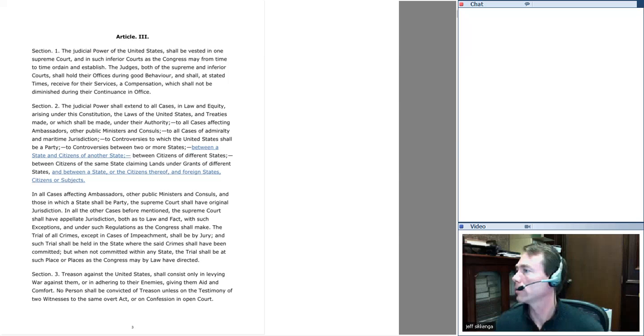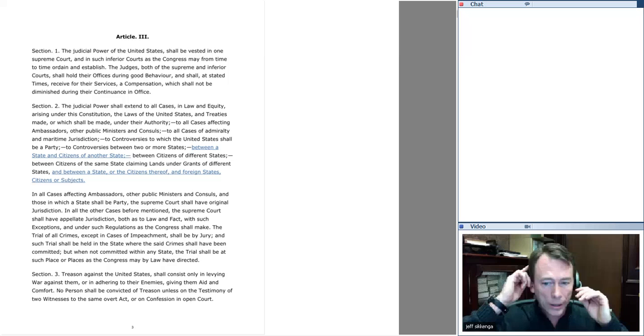No person shall be convicted of treason unless on the testimony of 2 witnesses to the same overt act, or on the confession in open court. The Congress shall have power to declare the punishment of treason, but no attainder of treason shall work corruption of blood or forfeiture except during the life of the person attainted.